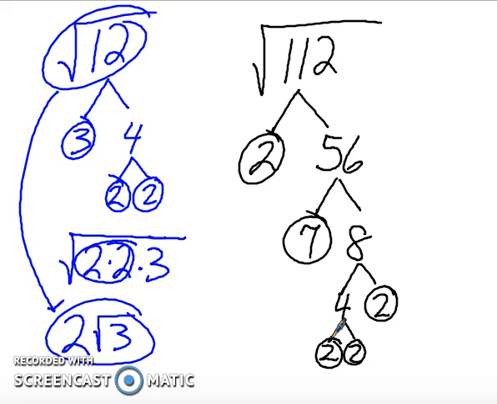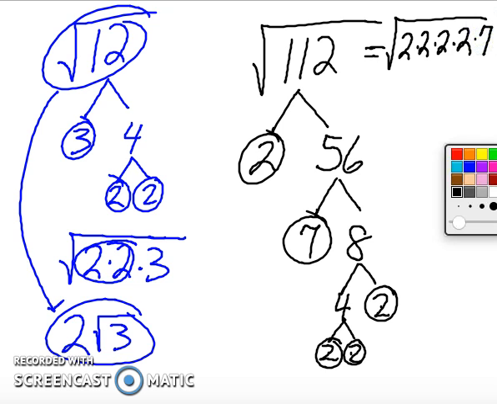So that means that the square root of 112 is the same thing as the square root of, look at what we've got, four 2's: 2 times 2 times 2 times 2 times 7. Now, if it's me, I'm not writing this every time. I'm probably going to look down here at these. But we're looking for pairs.